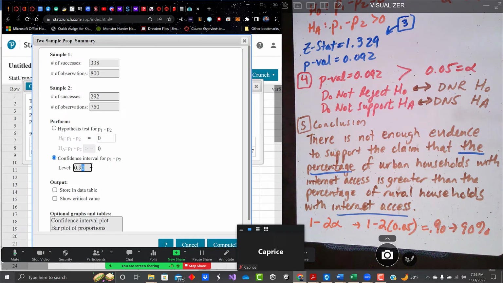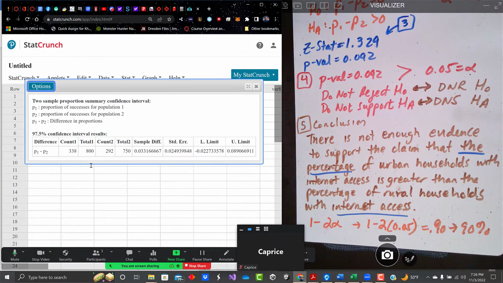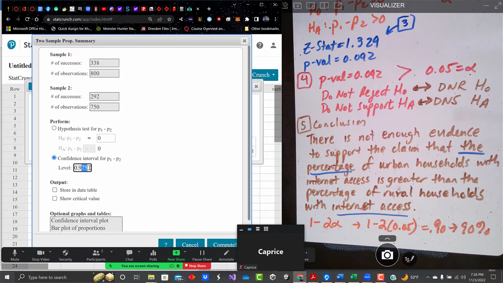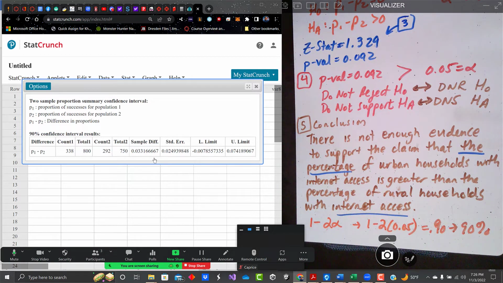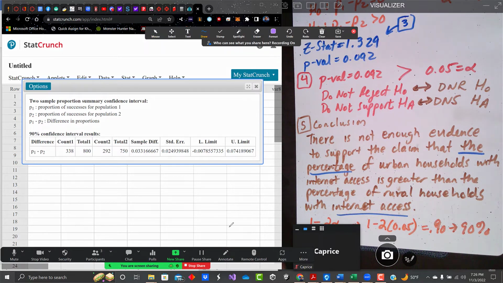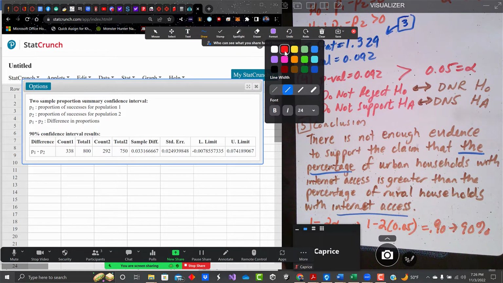Make that 9. Go the other way. 975. Nope, still doesn't do it. The idea is checking to see if H naught is in the... Oh no, this does work. This is exactly what I wanted. I just had it wrong in my head.